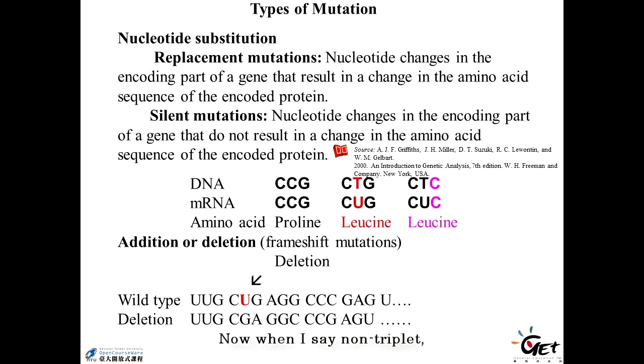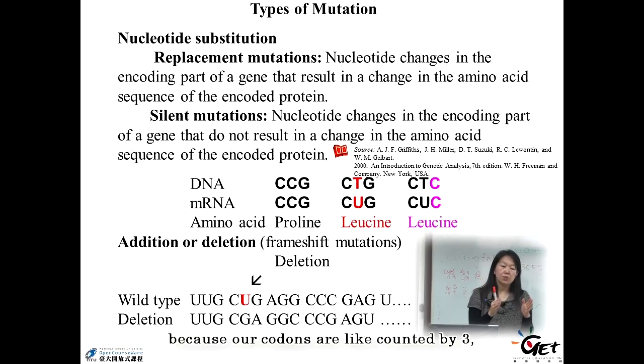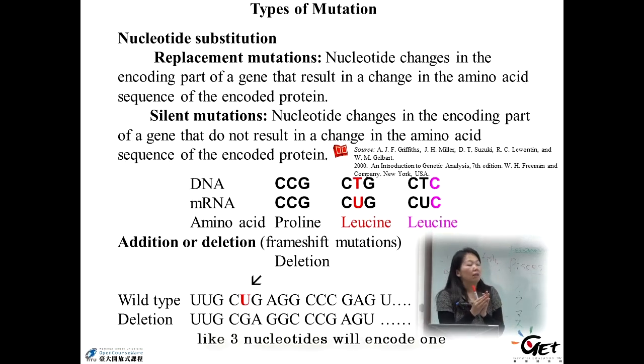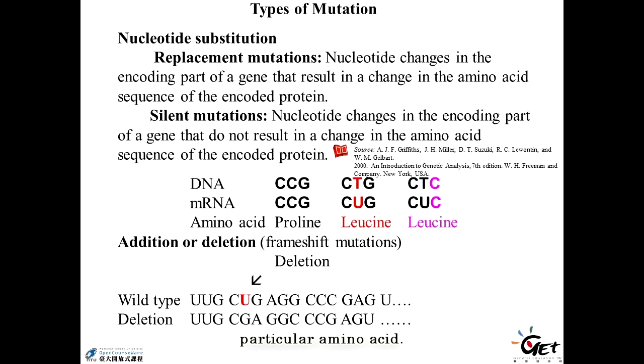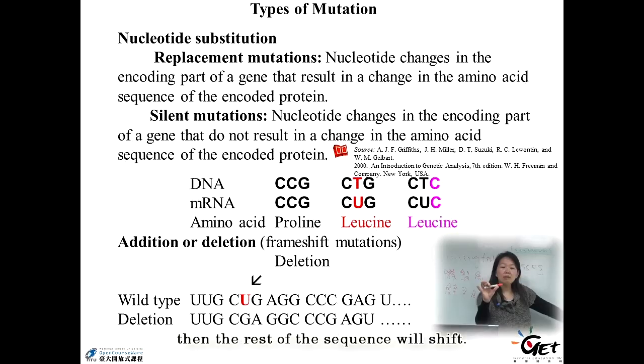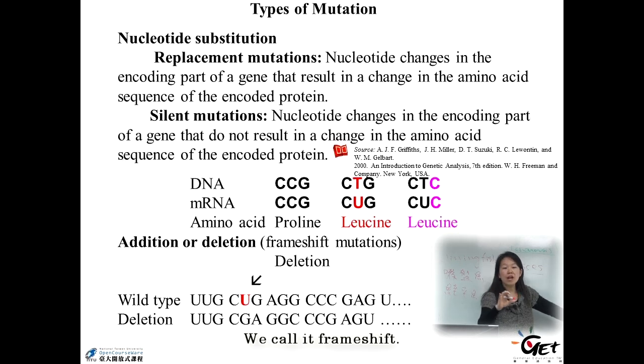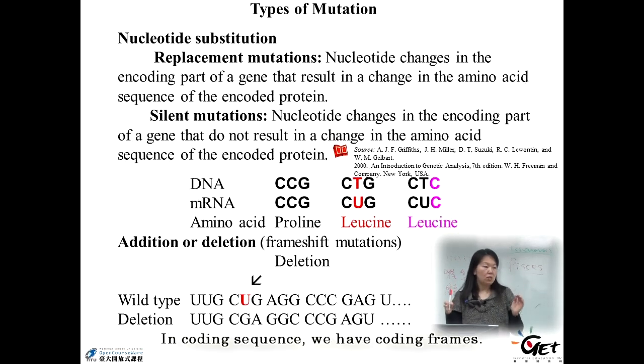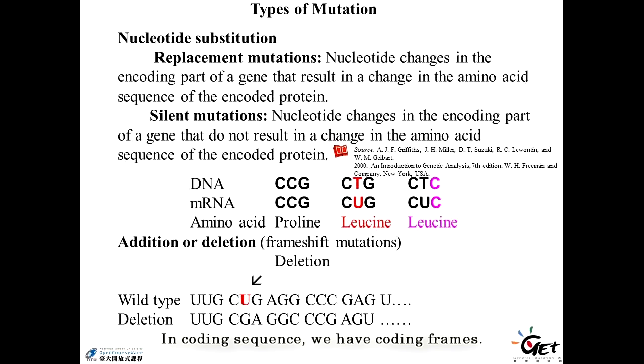It is non-triplet because our codons are counted by 3, right? So 3 nucleotides will encode one particular amino acid. But if you have, say, one deletion occur here, then the rest of the sequence will shift. Then we call it a frame shift. In coding sequence, we have coding frames.